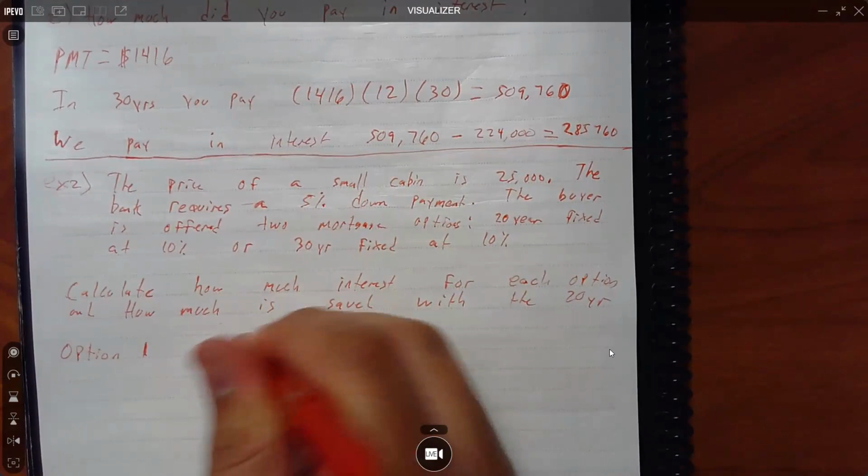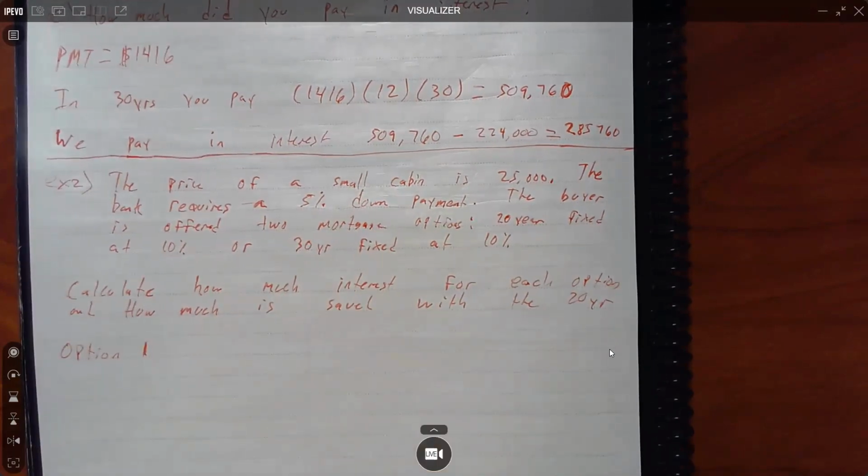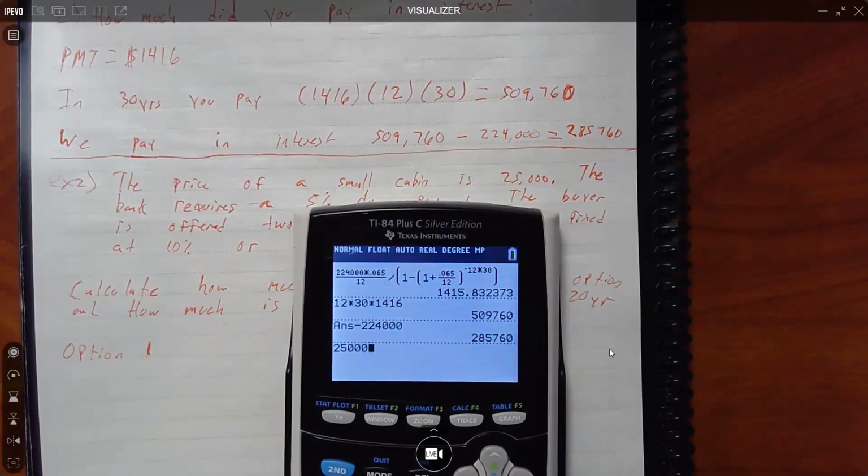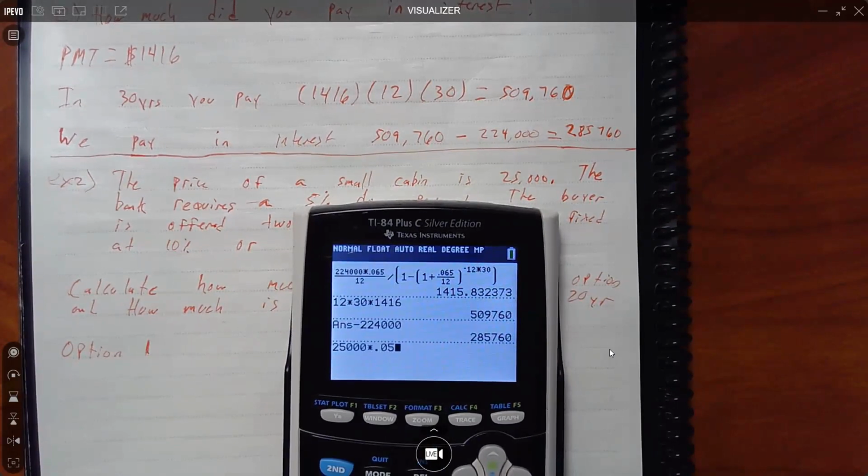How much are they actually borrowing though? Because they say they want 5% down. What's 5% of 25,000? Multiply 25,000 times 5%. Looks like 1,250, right?